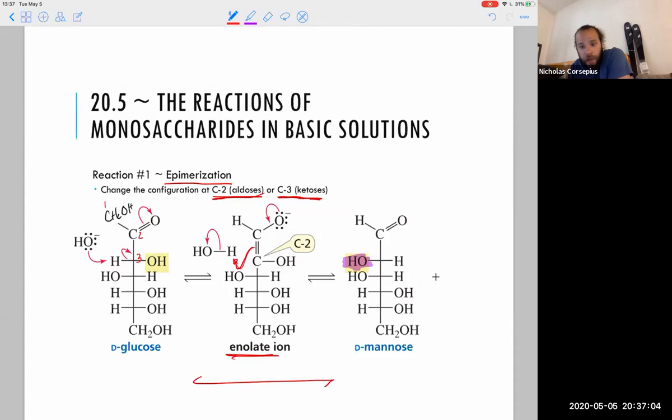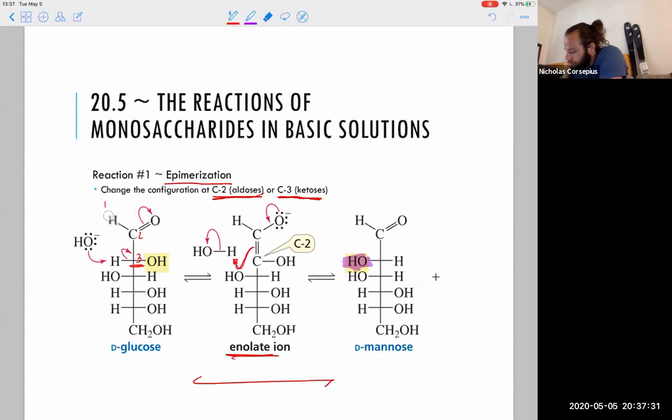I can remove a hydrogen from C1 and form an enolate ion. But what's going to happen if I swap the position of this OH with a hydrogen there? Right? It's not an asymmetric center. So it's not that it won't undergo this same type of reactions, but you won't have any stereochemistry flip going on because it's not an asymmetric center. Right? So the only ones you really have to worry about if it's a ketose is that carbon 3.